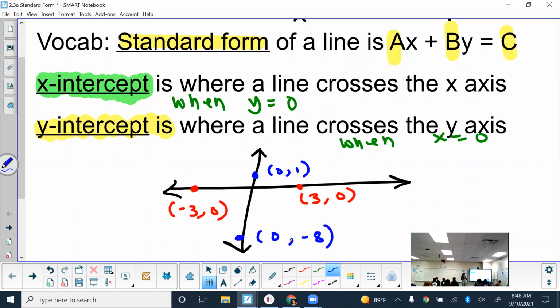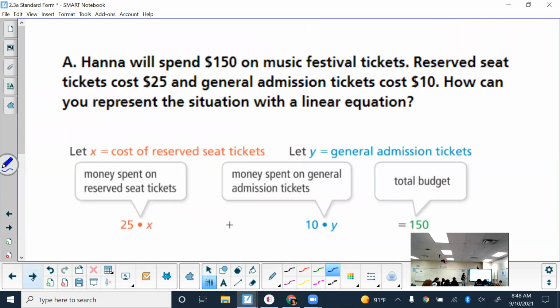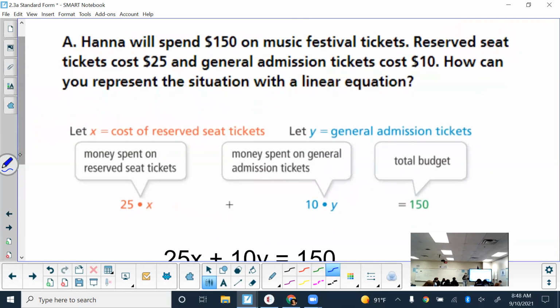All right, so here's some modeling that we can use standard form for. It kind of is helpful, if you think back to your first test when it had you model stuff, it's kind of the same thing. So we had Hannah will spend $150 on music festival tickets. Reserved seat tickets cost $25, and general admission tickets cost $10.